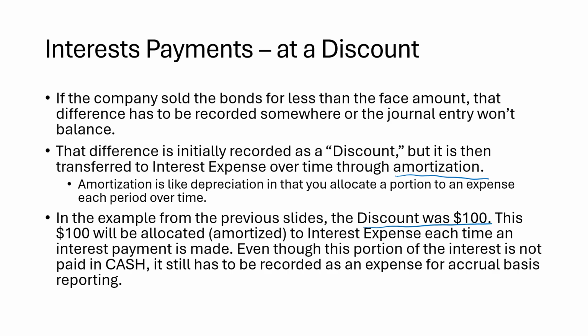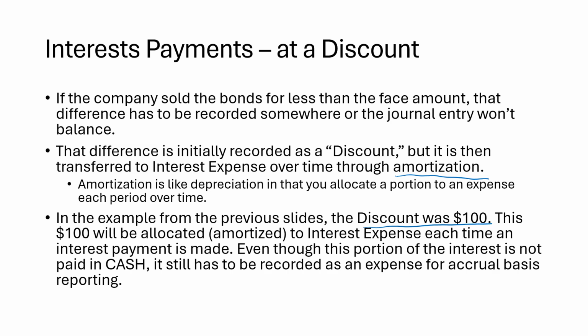Through that interest payment journal entry, that is where a portion of that $100 will be allocated to adjust interest expense over time. So when you see interest expense in these journal entries, that is not necessarily the cash amount of interest that is paid to the bondholder.